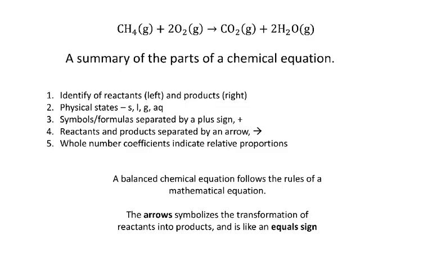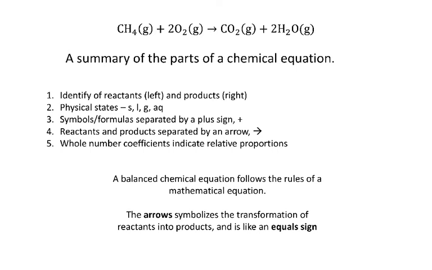Okay, so more about chemical equations. I've given you lots of examples. Here's that methane one again. So a summary of the parts. A chemical equation always identifies the reactants to the left of the arrow and the products to the right of the arrow.